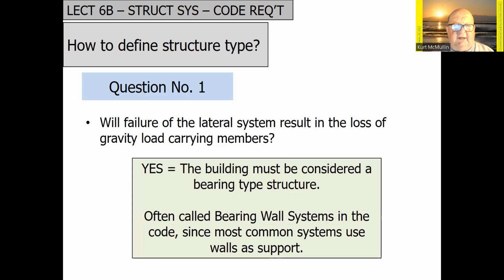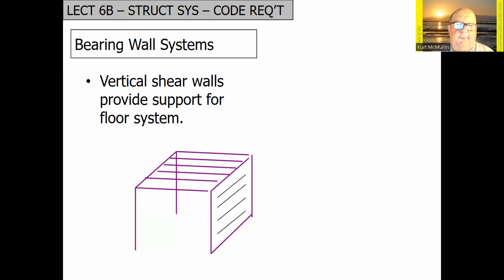If the answer to that is yes, meaning we will lose gravity load carrying strength, then our structure must be in the bearing type of structure, often referred to as bearing wall systems, since most common systems use walls as the support of those gravity members.